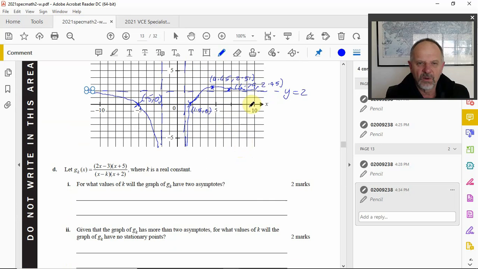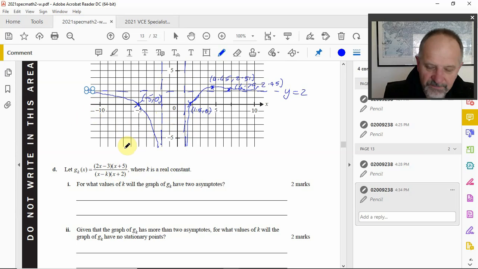two asymptotes? Well, if the two factors on the bottom were the same, that would be one situation where there would be two asymptotes, because the one here, x equals 1, would then shift and be in the same place. So one of them is when x minus k equals x plus 2, and so that's k equals 2.